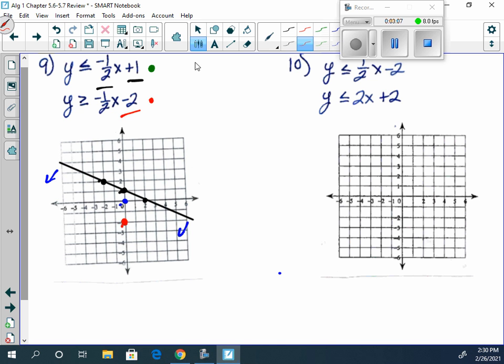The slope is the same thing, negative 1/2, so we go down 1 and right 2, or up 1 and left 2. And just like with the other one, this line will be solid.